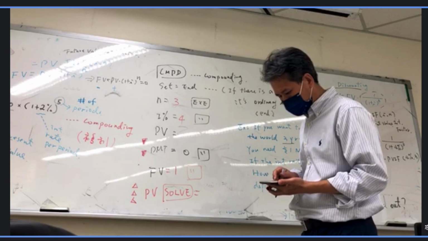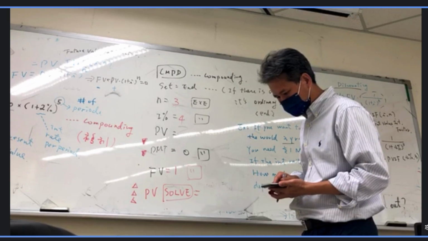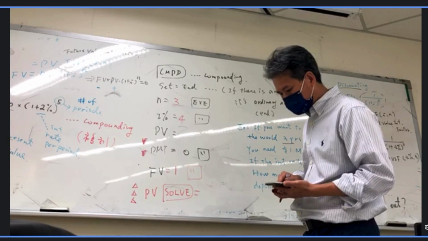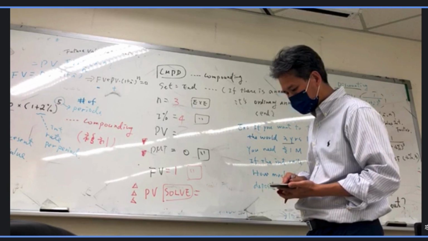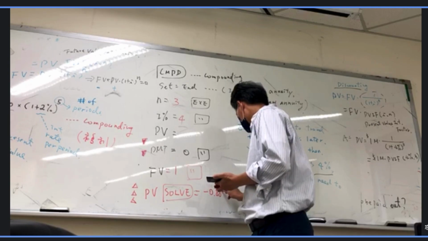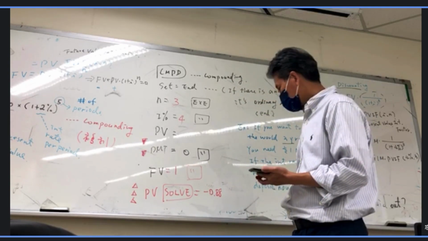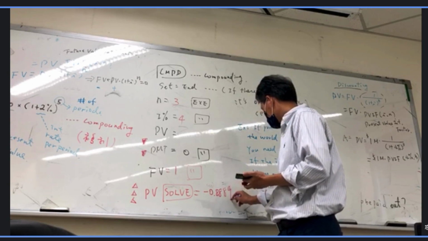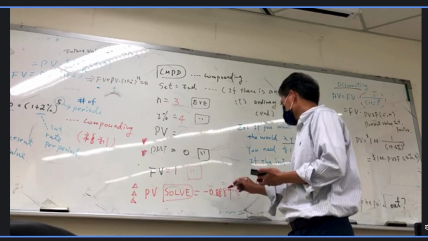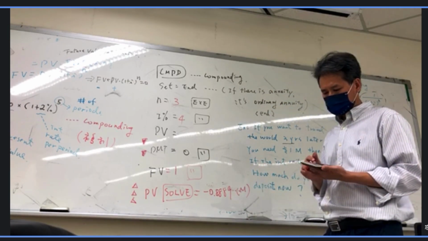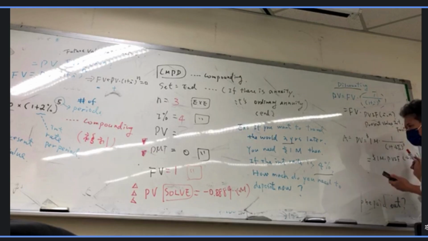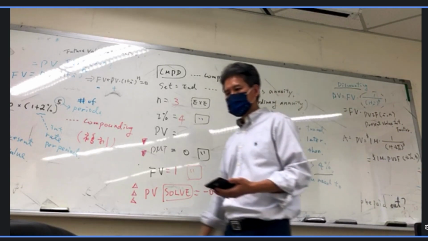So we can solve the PV, how much we are going to save. Need to save 0.8889, meaning you need to save this much. So under the interest rate of 4%, 3 years later you will have 1 million to travel the world.